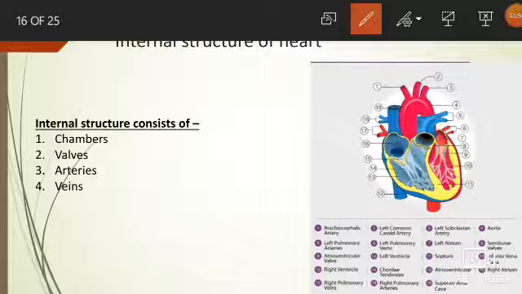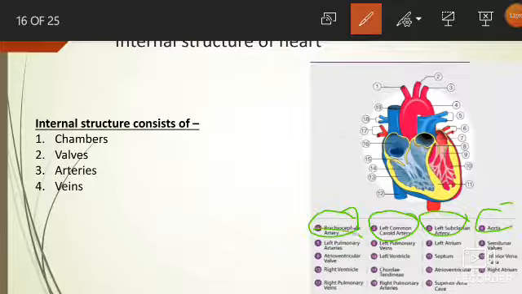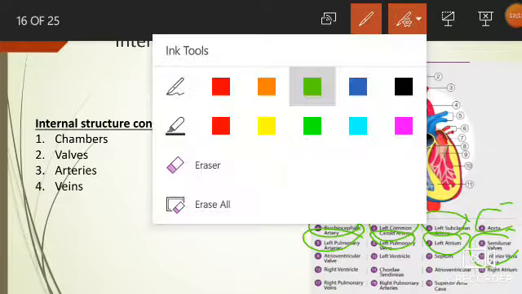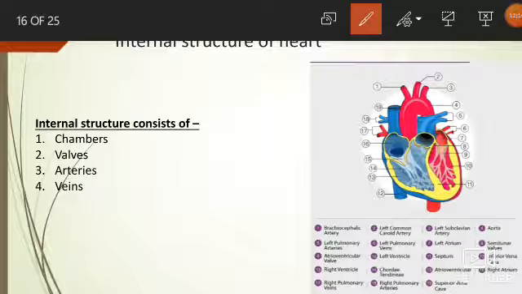Now we have discussed brachiocephalic artery, left common carotid artery, left subclavian artery, aorta, pulmonary arteries, pulmonary veins, left atrium, semilunar valves. Semilunar valves are pocket-like structures attached at the point at which pulmonary artery and aorta leave the ventricles.